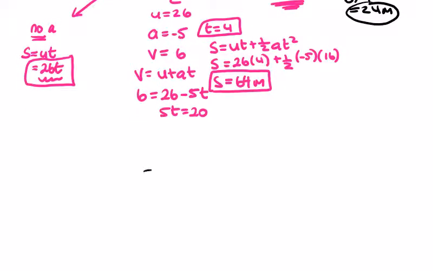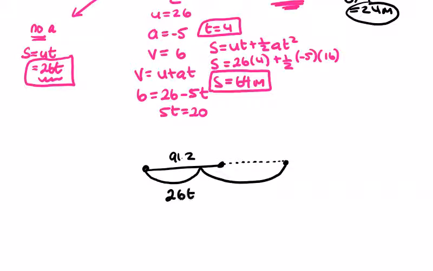So let's just do a little diagram again. 91.2. So let's say the car travels from here to here, and the tractor travels along this path here. So the car has 26t, 64 meters.